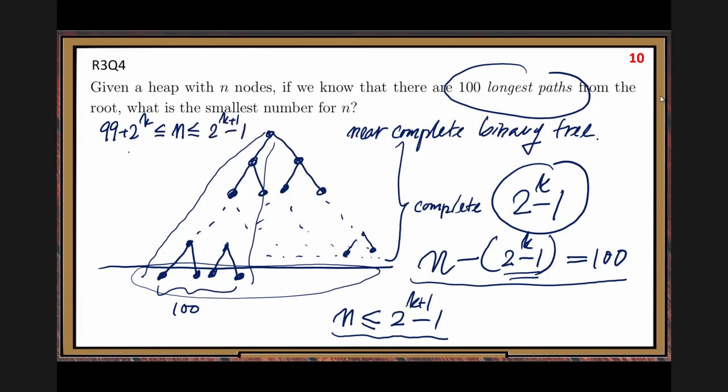So you have this inequality. When you skip that n, you get 100 less than or equal to 2 to the k. Can you see that?